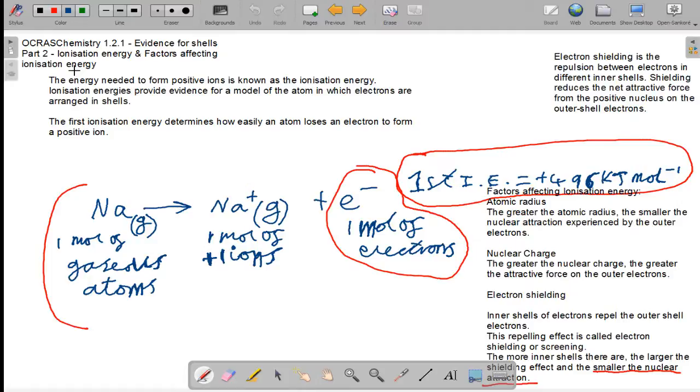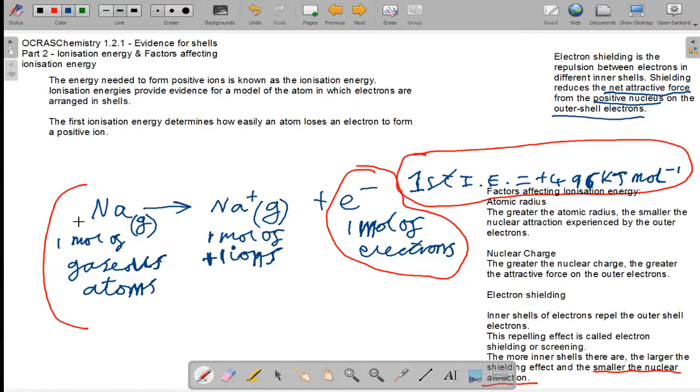And electron shielding is the inner shells of electrons repelling the outer shell electrons. The more inner shells there are, the larger the shielding effect and the smaller the nuclear attraction. So electron shielding is the repulsion between electrons in different inner shells. Shielding reduces the net attractive force from the positive nucleus on the outer shell electrons.